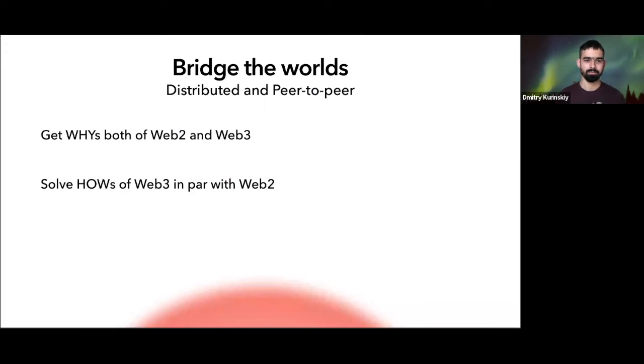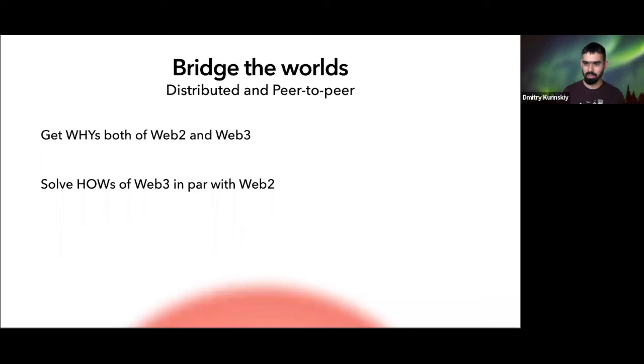It would be nice to bridge the worlds. And what does it mean? It means that ideally we want to get the whys of both Web2 and Web3. Why both? Because we are doing Web2 kind of distributed development in a distributed way, and we approach these distributed setups with a specific distributed mindset.